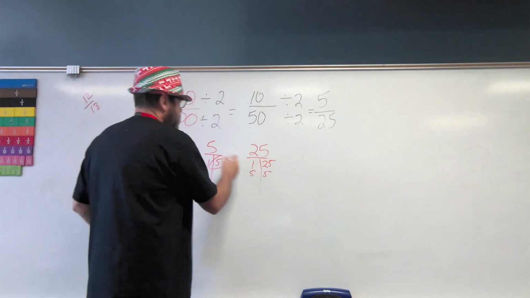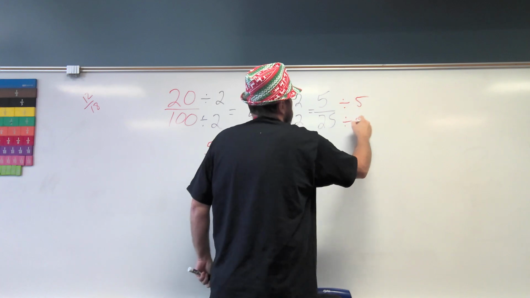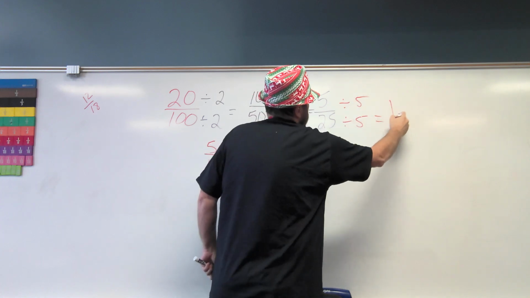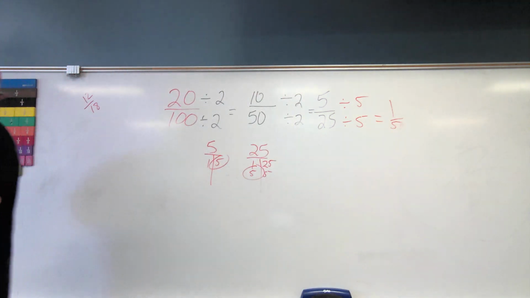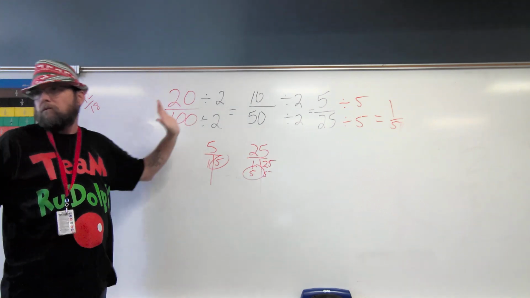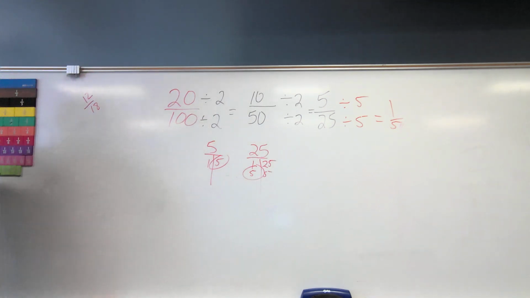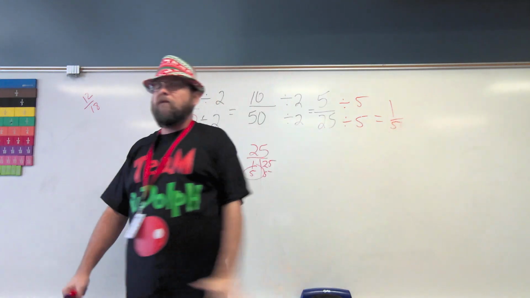They both have a 5 in common. So I could simplify this by 5, and I would get 1/5. Now, if I was going to do this in one step, I could have divided these both by 20, and I would still have gotten 1/5. So it didn't matter. We got down to 1/5.